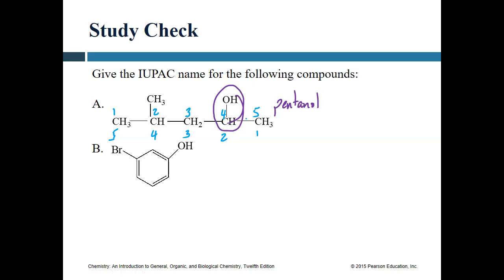But because this pentanol group is the more important group, we know that this gets the 2 and this is going to get the 4. So this is 4-methyl and 2 for the pentanol. And so that's how we would write it. 4-methyl-2-pentanol.